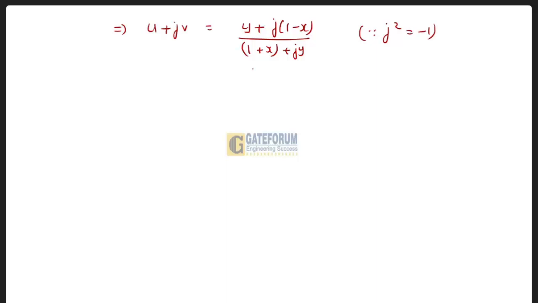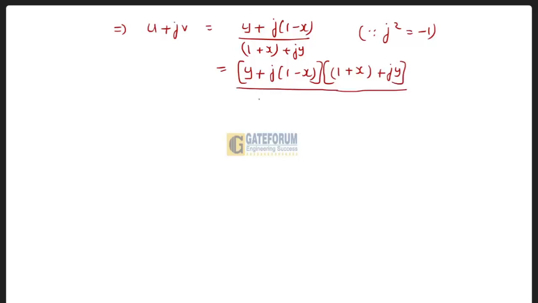Now, whenever the denominator contains a complex variable or complex number, conjugate the denominator. So, what is the denominator conjugate? 1 plus x minus jy. This should be multiplied for numerator and denominator. To write that u plus jv in the standard form of a complex number, we multiply by the conjugate of the denominator: (y plus j times (1 minus x)) divided by (1 plus x plus jy), multiplied by (1 plus x minus jy).